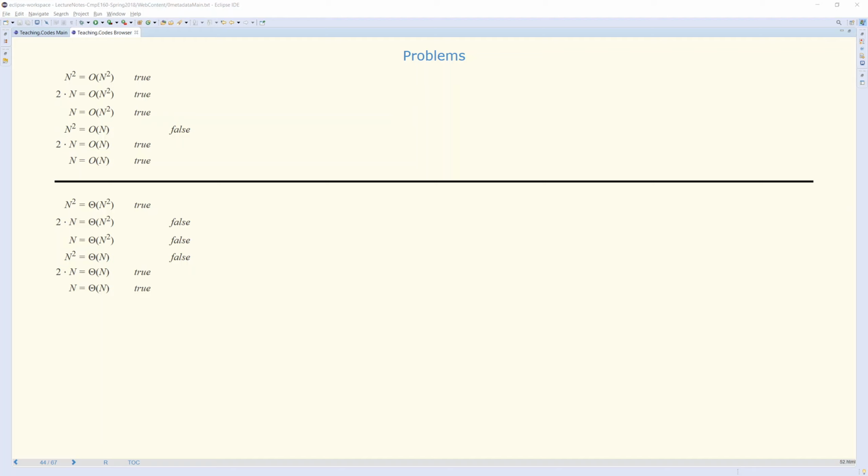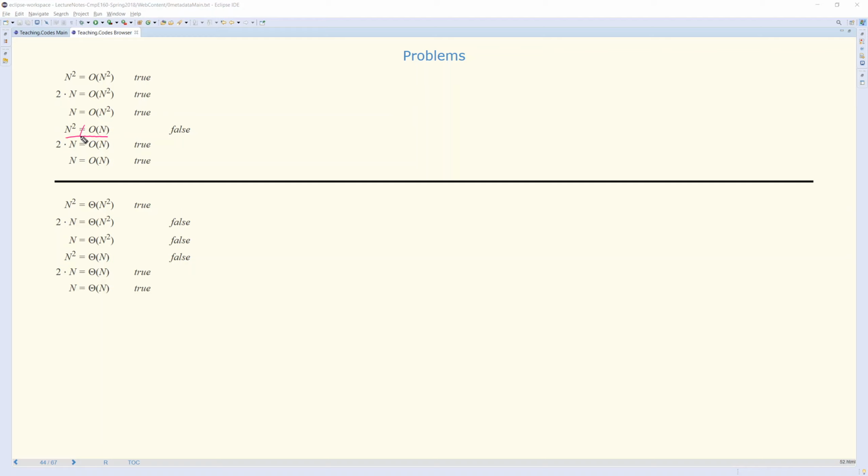That's also true. But when you look at n squared equal to O of n, this is not true, because O of n is not an upper bound for n squared. So this predicate is not true, so I should correct it as not equals. We said 2n is equal to O of n, we already discussed this, and n is equal to O of n, that's also obvious.